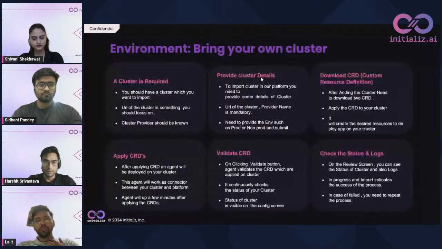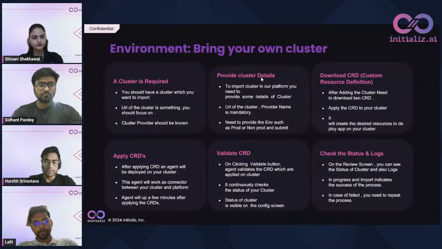So the first part is you should have a cluster, and the second thing is the details of the cluster to import it on our platform. I'll show you also the demo, but for the brief introduction, I'm just clearing these things. And then you need to download the CRDs that we will be providing to you, and apply those CRDs on your own clusters.